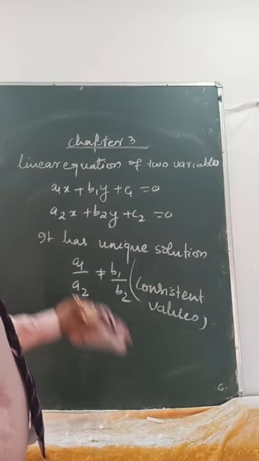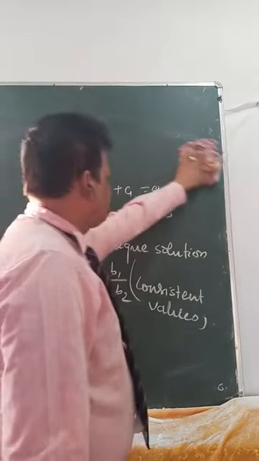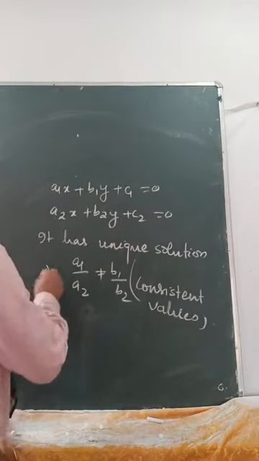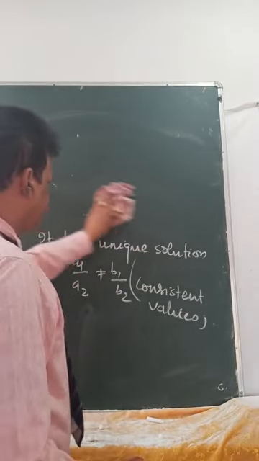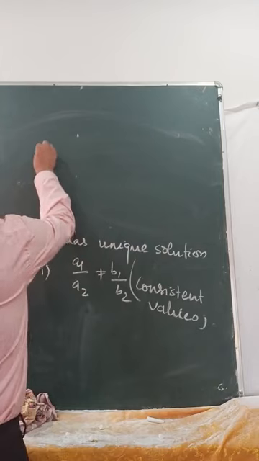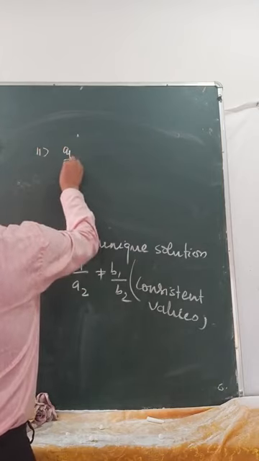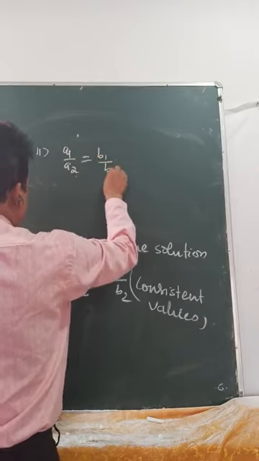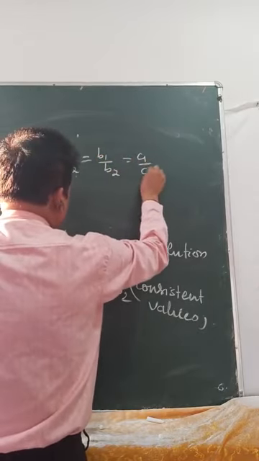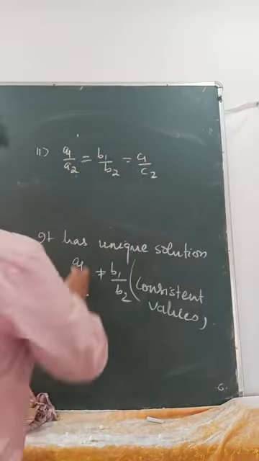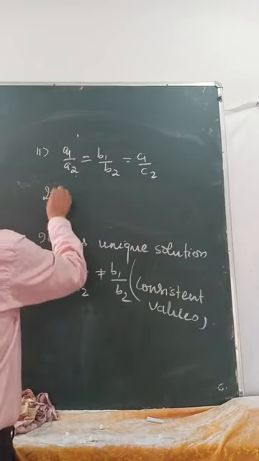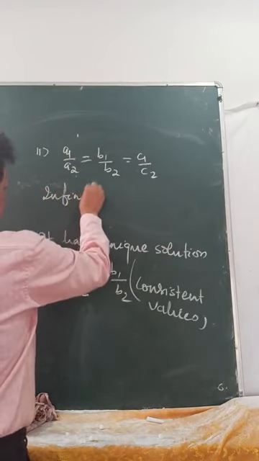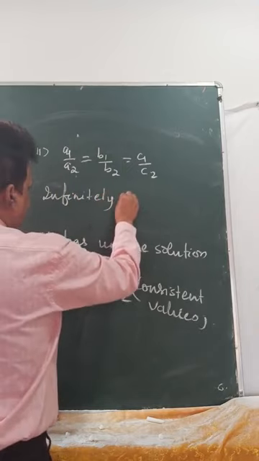Okay. Now, suppose another one, second: a1 by a2 equals to b1 by b2 equals to c1 by c2, then we have infinitely many solutions.